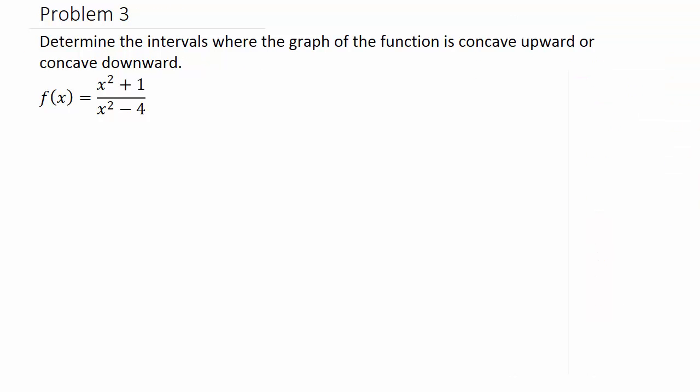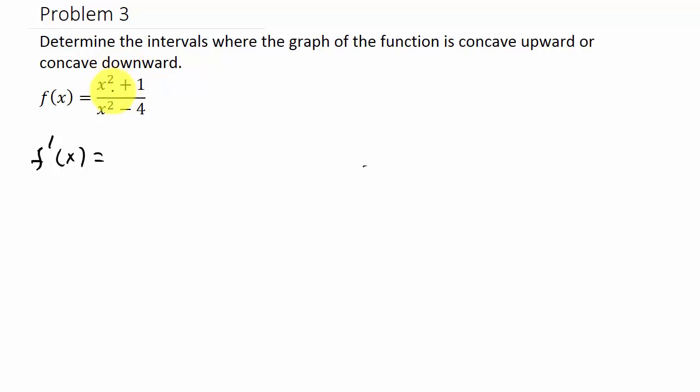Alright, so determine the intervals where the graph of the function is concave upward or concave downward, and we're going to find inflection points. Alright, so let's find the second derivative. First we need to find the first derivative. To find the first derivative, I've got to use the quotient rule.